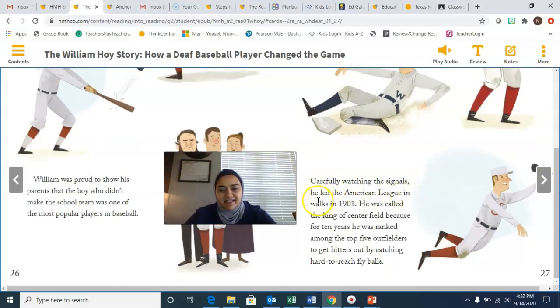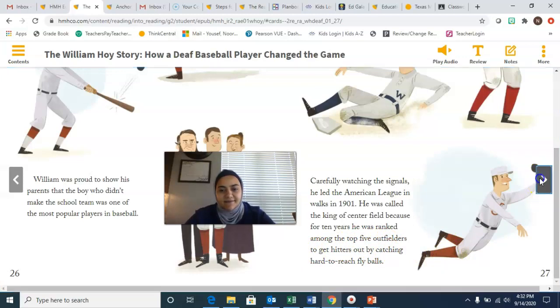Carefully watching the signals, he led the American League in walks in 1901. He was called the King of Center Field because for 10 years he was ranked among the top 5 outfielders to get hitters out by catching hard-to-reach fly balls.